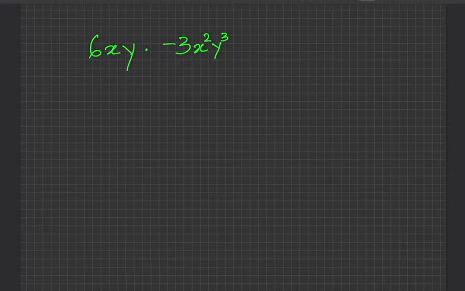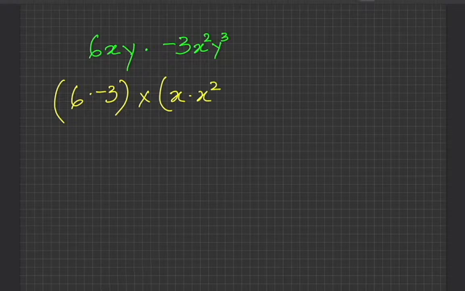So the product of these two monomials is the product of the numerical coefficients, 6 times negative 3, multiplied by the product of the variables, that is x times x squared, and then y times y cubed.